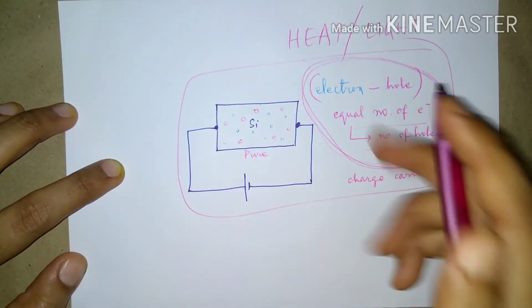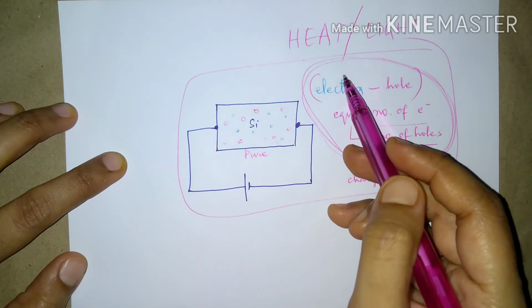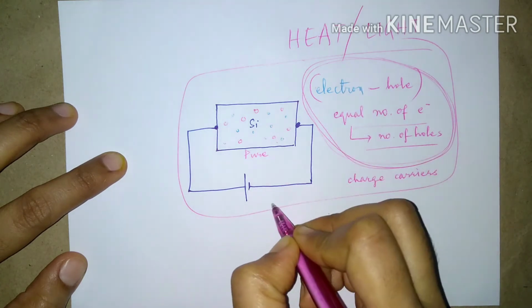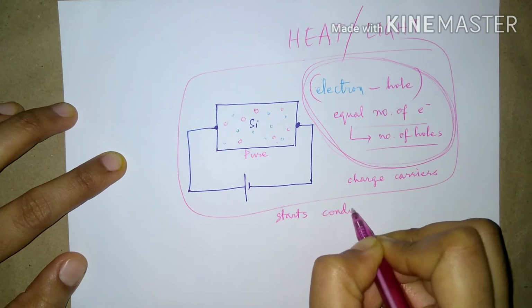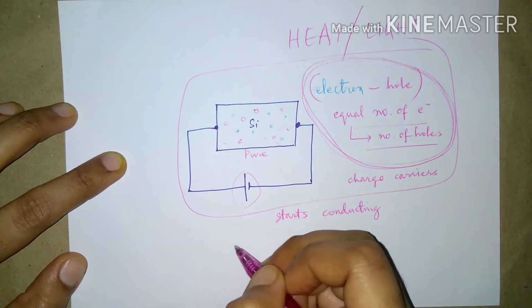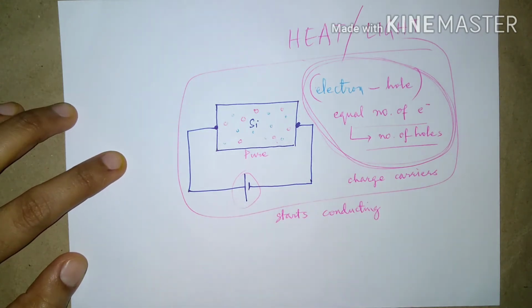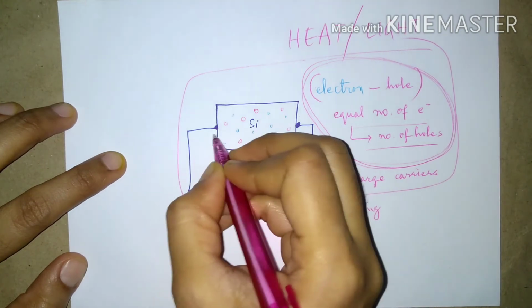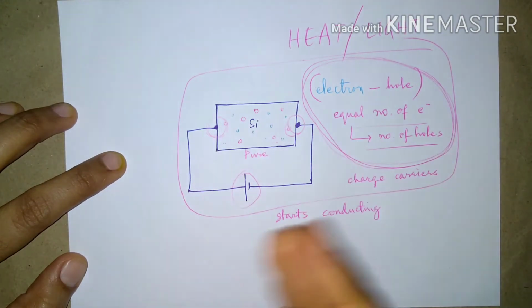So whenever you have pure silicon at room temperature, it starts conducting. When it was at cool temperatures, it was not conducting even if you applied some voltage to it. If you apply more voltage, it may again start to give its energy, then it may conduct.